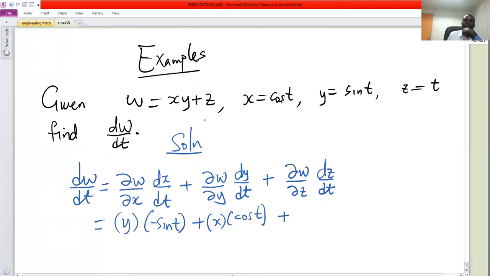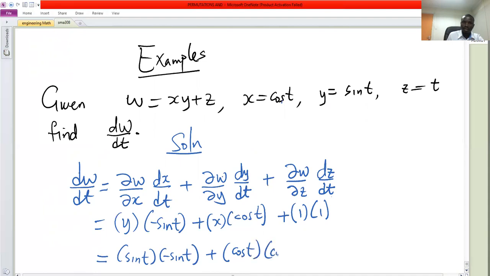Partial w partial z will give us 1, because there's no z here. Dz dt will give us 1. So that is step 1. Step 2, replace y by its function, which is sine of t times minus sine t, plus x is cosine of t times cosine of t. 1 by 1 is just 1.